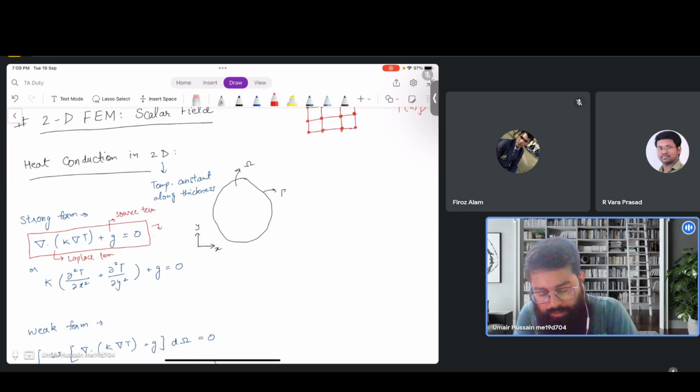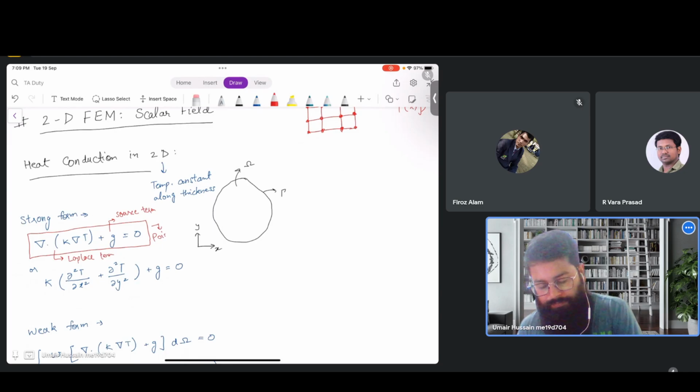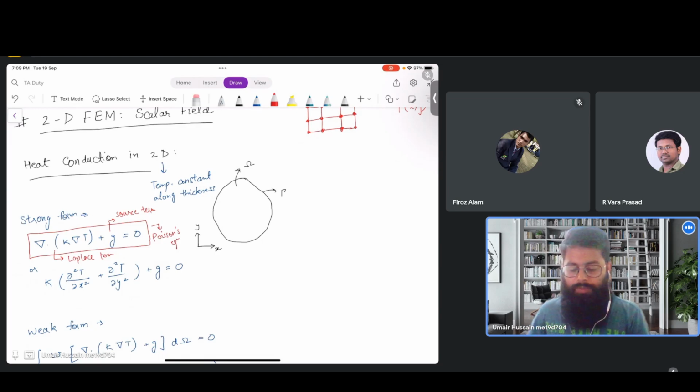This equation in general is known as Poisson's equation. When the source term is not present, it is called Laplace's equation, or you can say an inhomogeneous Poisson's equation when it is present. That doesn't make much difference.